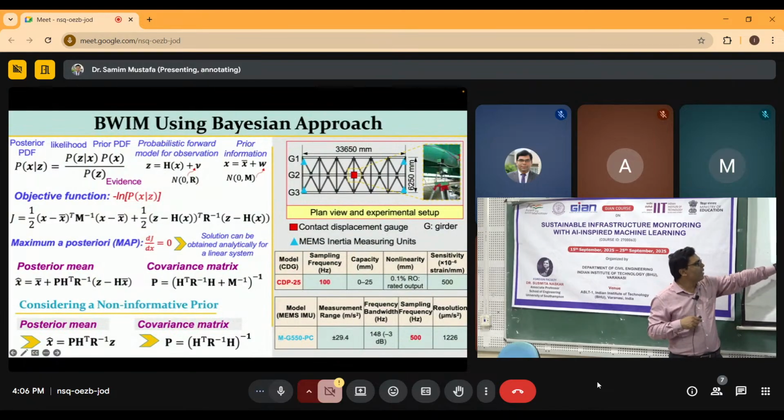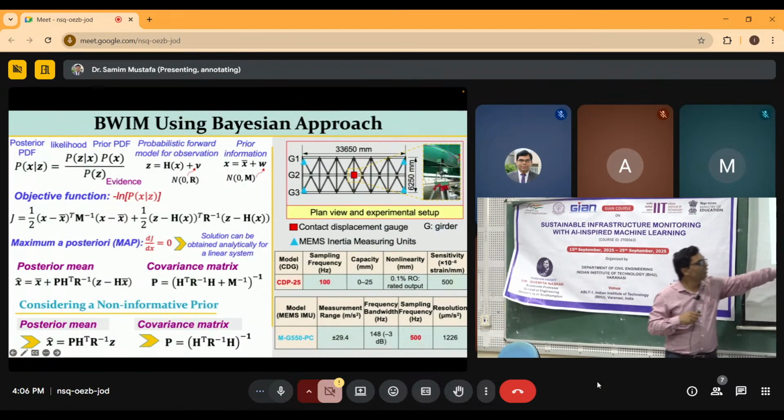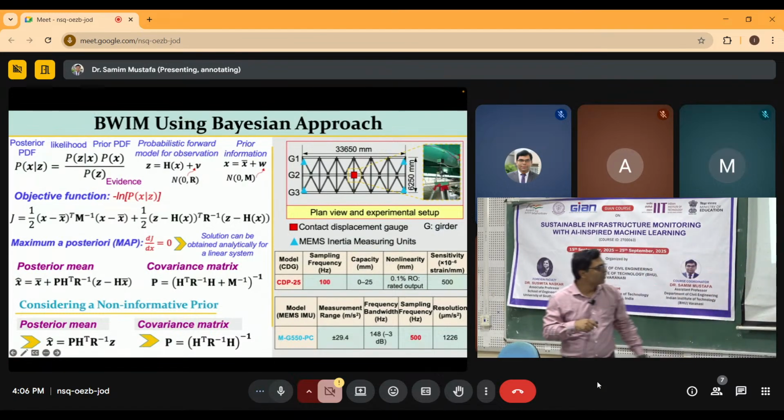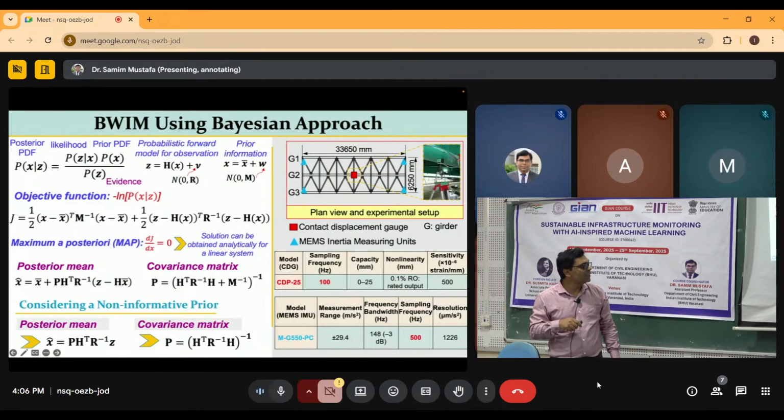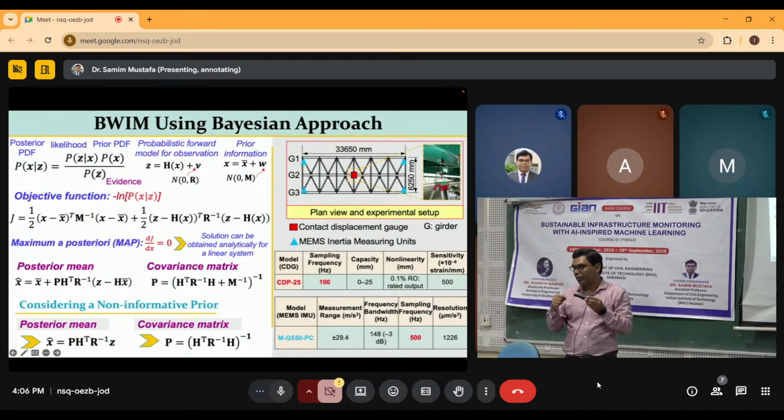So x bar, that is your updated axle weight, equals this equation, P H transpose R inverse Z, independent of prior information. So this is the posterior mean, this is the covariance. So using Bayesian, not only can you estimate the axle weight, but you can also estimate the uncertainty or error in estimation. Okay, so that is the beauty.